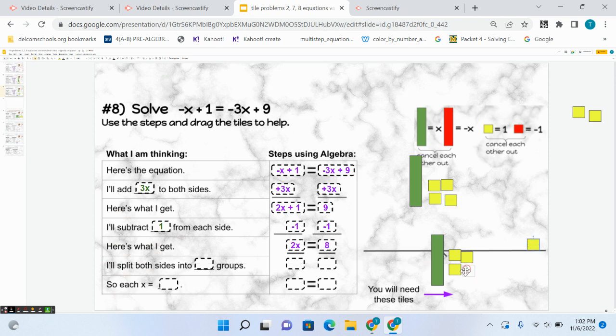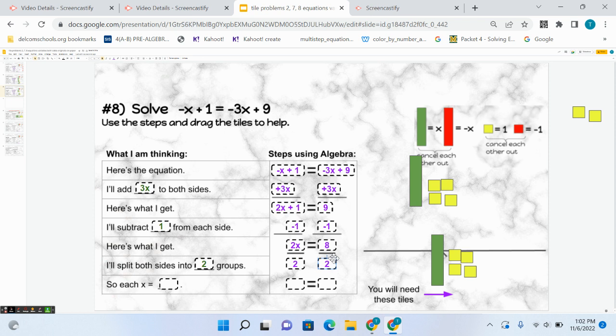If I split the positive charges up equally among the 2 x's, before I write that in, think about what we did. We divided each side into 2 groups. So I'm going to write down divide by 2, divide by 2.